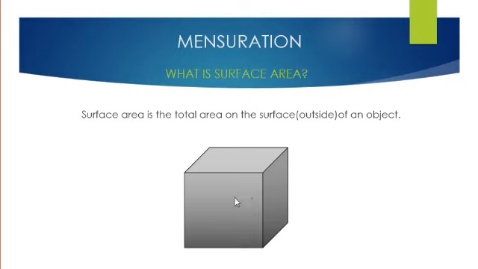So the cube has got 6 surfaces. This face is a surface, this side is a surface. You agree with me, there's another side inside here, and there's another one behind, there's one on top, and one down at the bottom. So in total, a cube has got 6 surfaces. So we're going to find the area on all those surfaces, then add them.